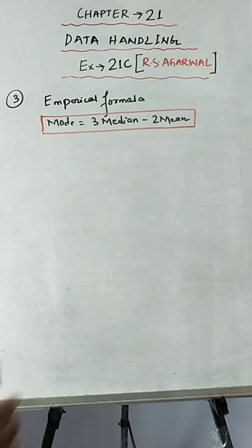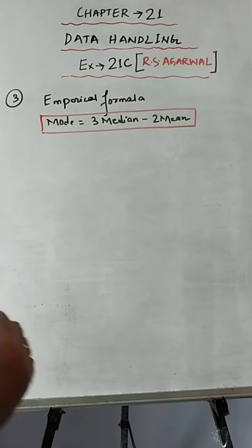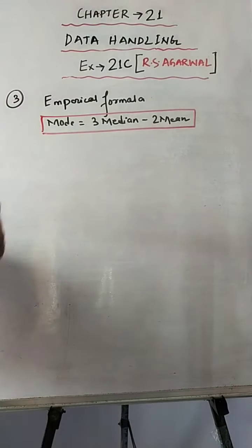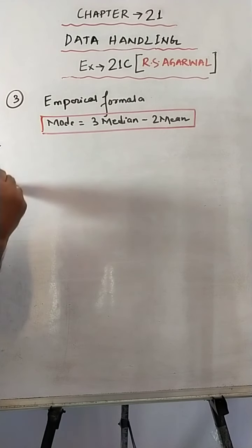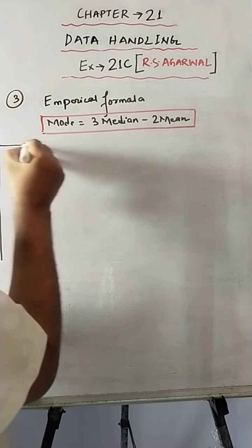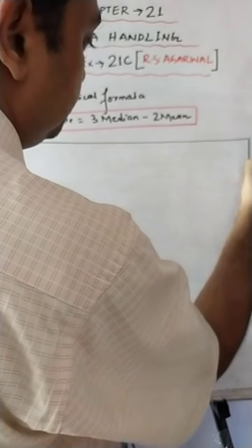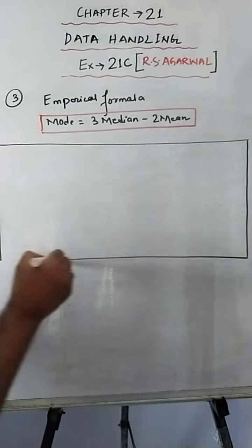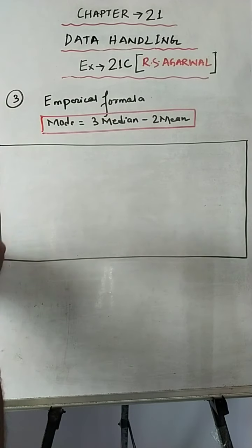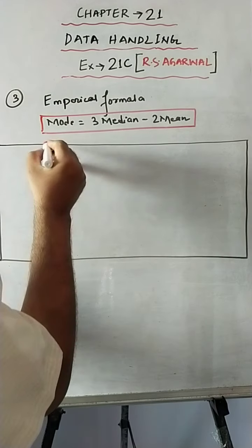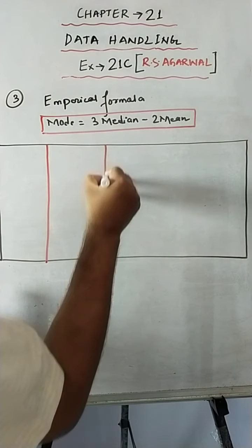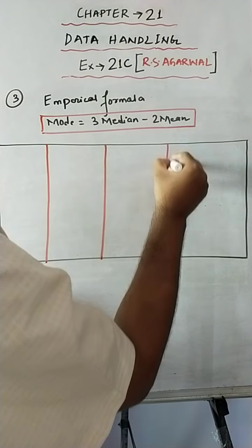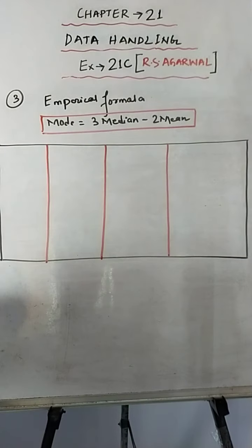Now, how to find the median and mean with the box given in question number 3? For this, you have to make a big box first with 4 columns.